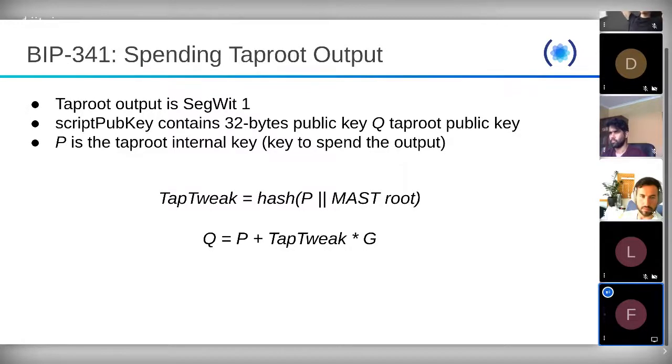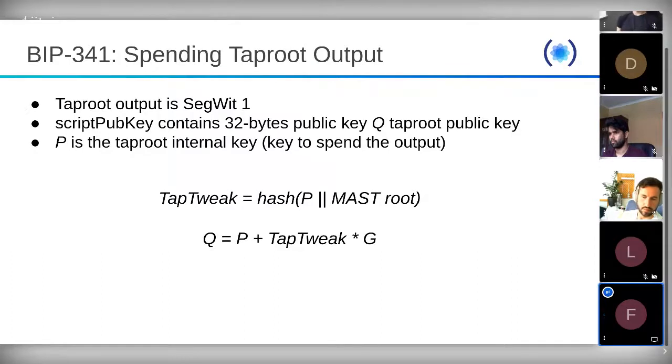So in your output, the address is a SegWit v1, and it only contains a Taproot public key Q. All right. And then you have P, which is your Taproot internal key. And that's your key to spend the output if you want to go via the key spending.